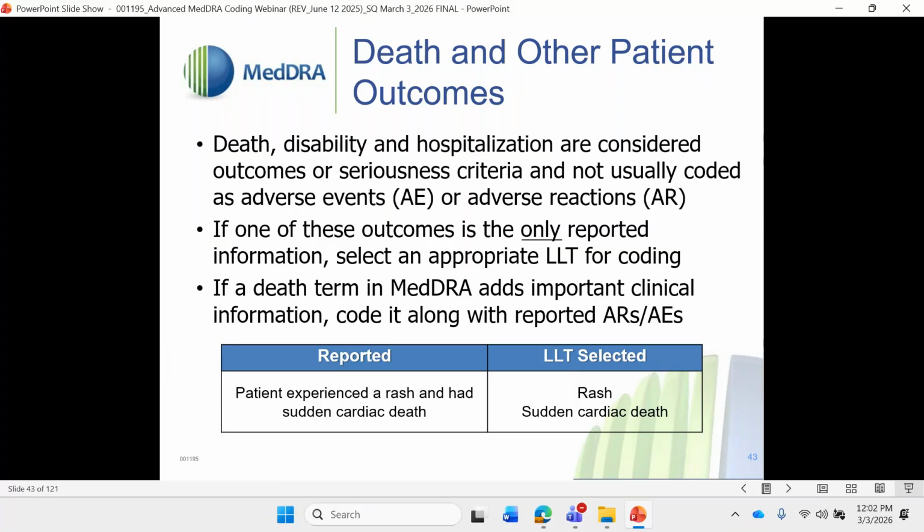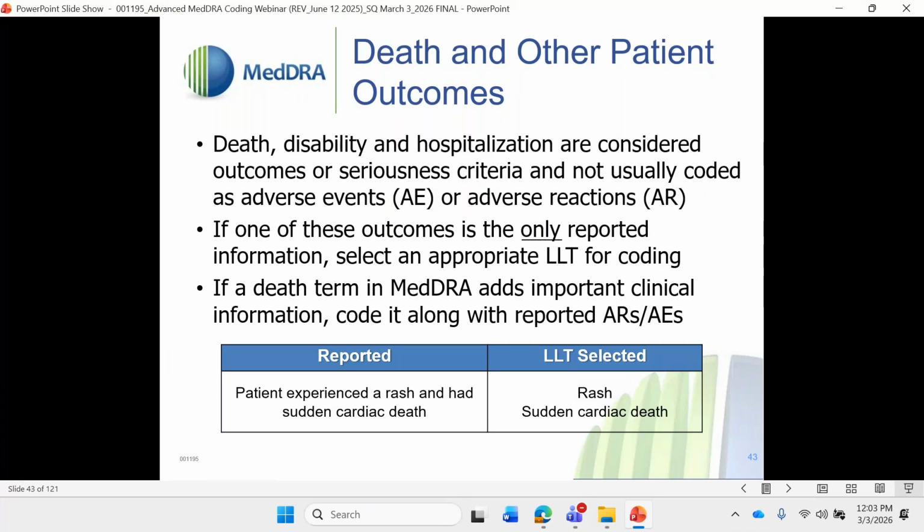But the third bullet tells us if the type of death or some descriptor of the death adds important clinical information, then you're allowed to code it. So in this case, it said it was a sudden cardiac death. I have an LLT for that. So I would code the rash as well as the sudden cardiac death because it adds clinical information.